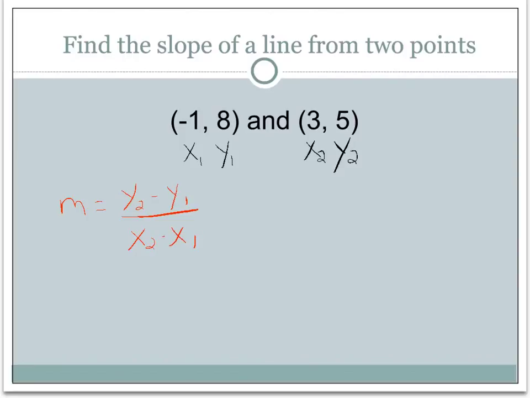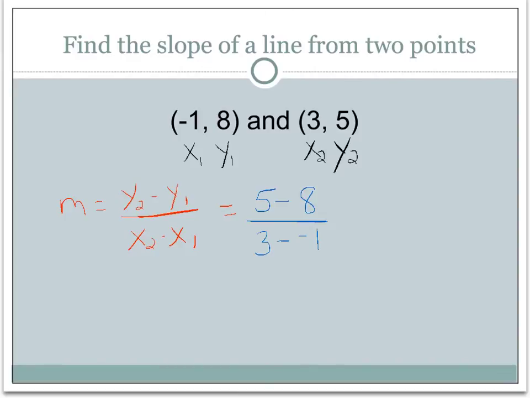And all we do now is we plug in our values that we came up with. So we know that Y2 is 5. We know Y1 is 8, and we're supposed to subtract them like the formula tells us. We divide that by X2, which is 3, minus X1, which is -1.